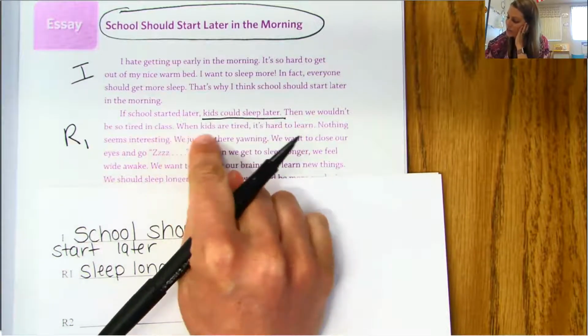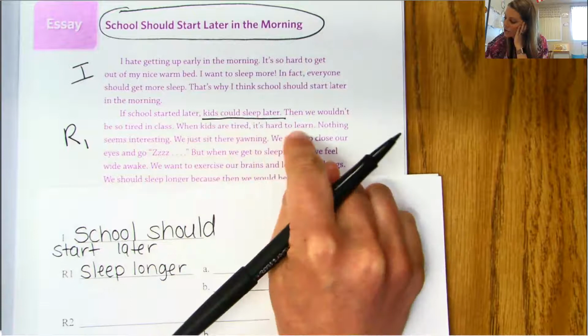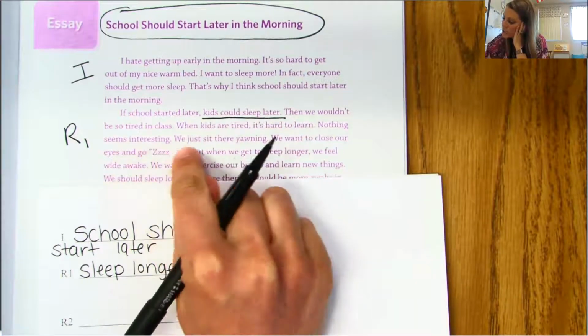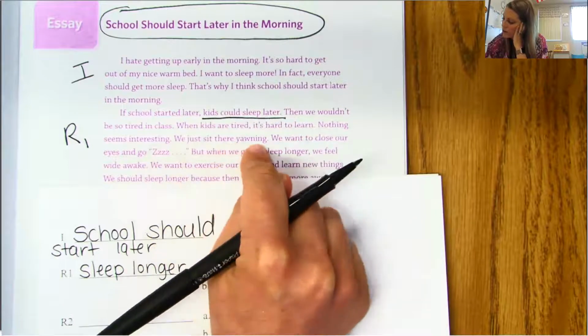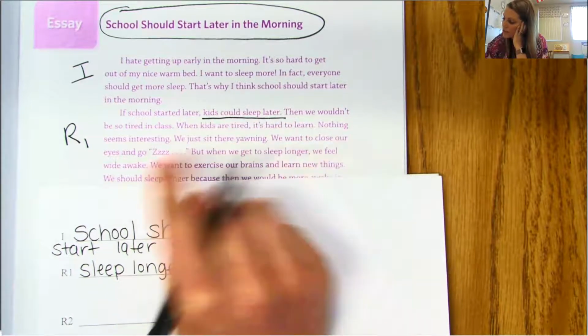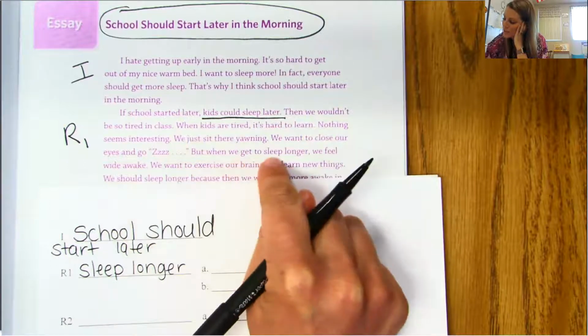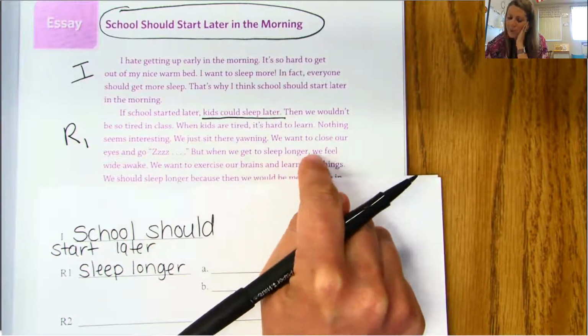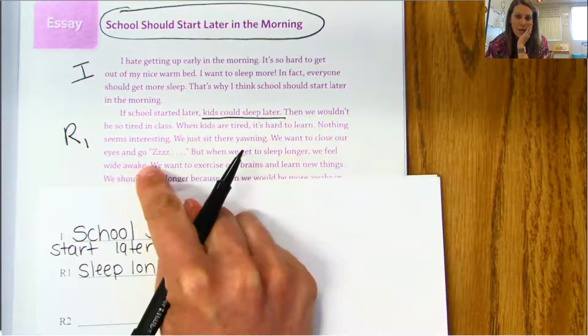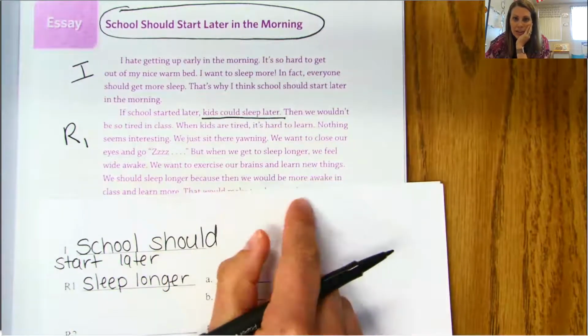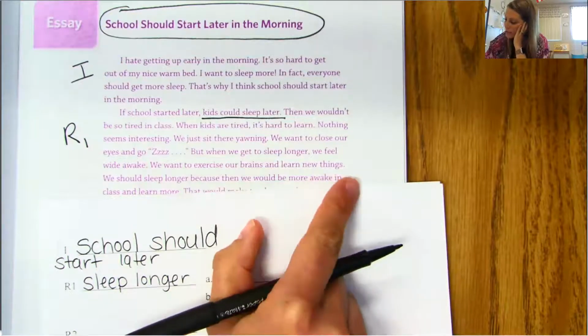When kids are tired, it's hard to learn. Nothing seems interesting. We just sit there yawning. We want to close our eyes and go. But when we get to sleep longer, we feel wide awake. We want to exercise our brains and learn new things.